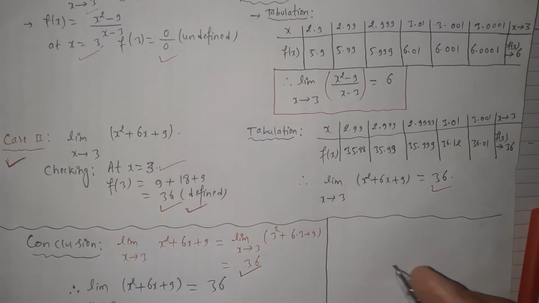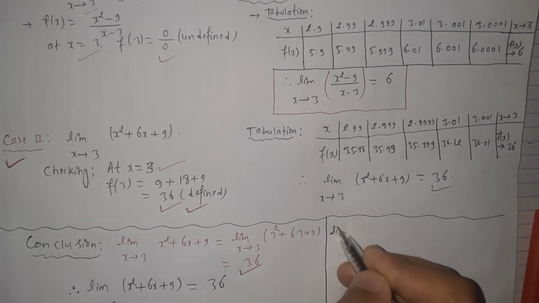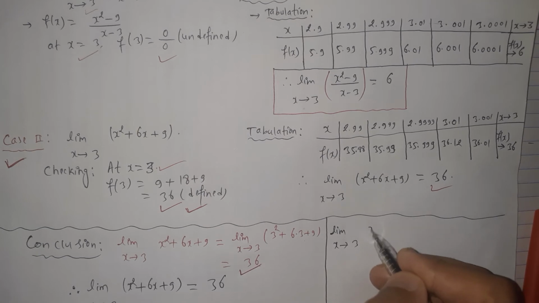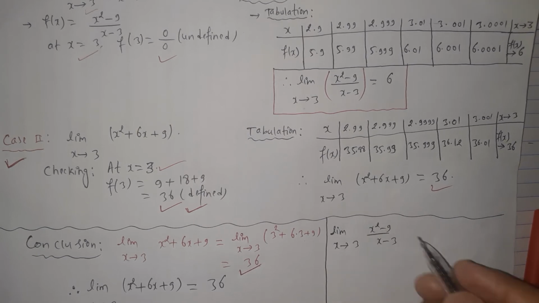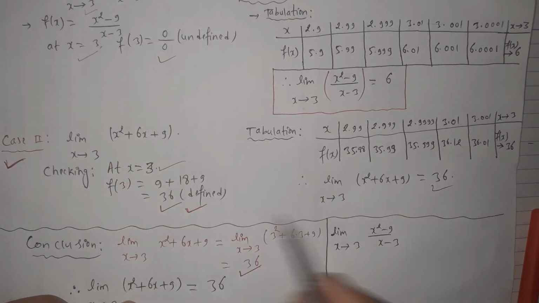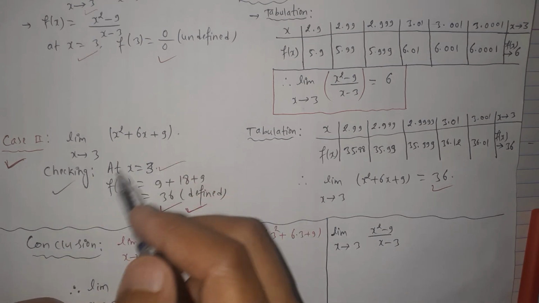Similarly, let's conclude the first case. In the first case, limit x approaches 3 of x square minus 9 over x minus 3. In both cases we have to first check whether the function is defined or undefined at the given point.